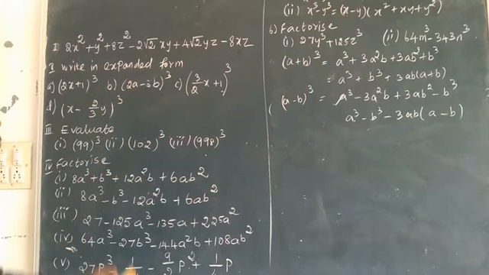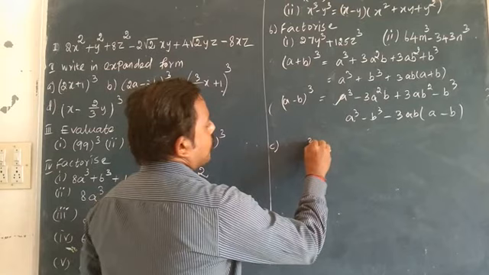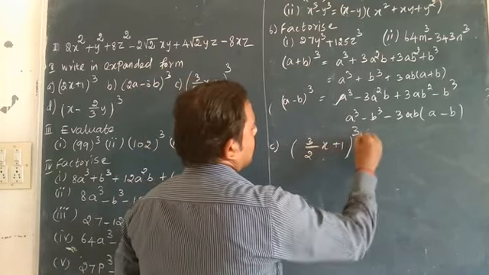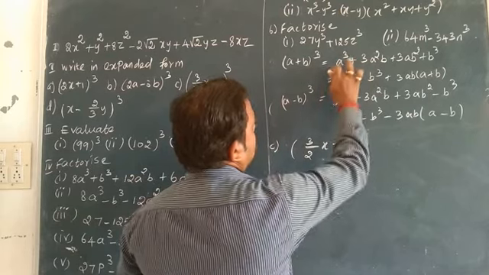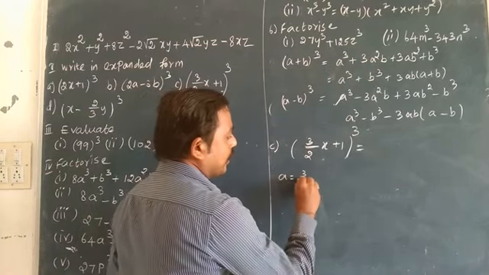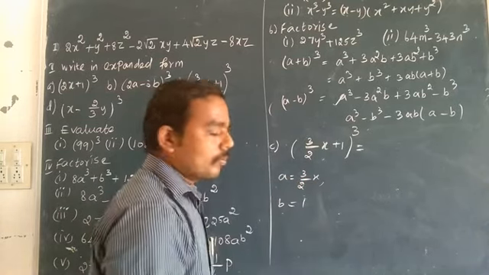Similarly, consider the third one, C: (3 by 2 into x plus 1) to the power 3. We are going to use the first identity, a cube plus b. For a, consider 3 by 2 x, and for b, just consider 1.